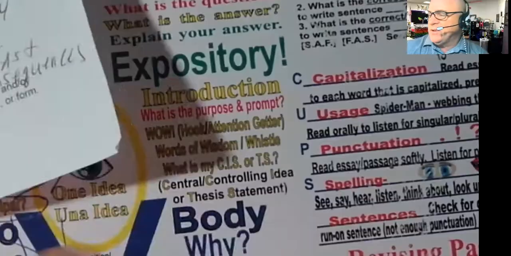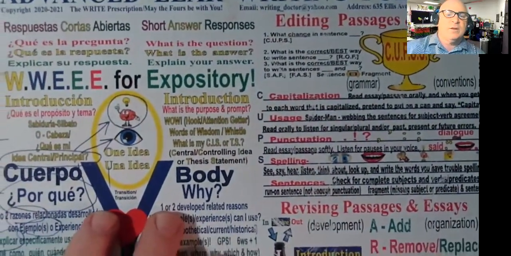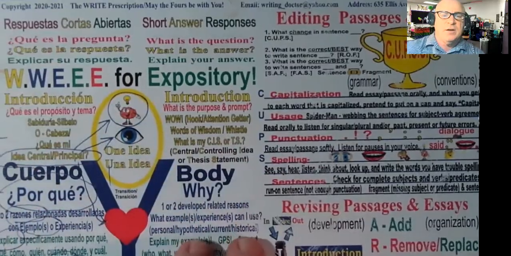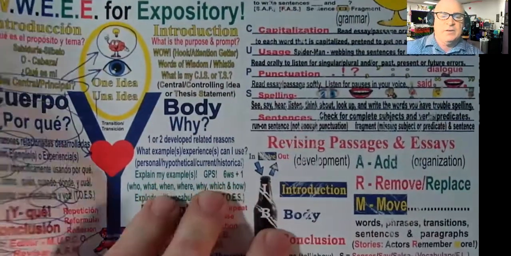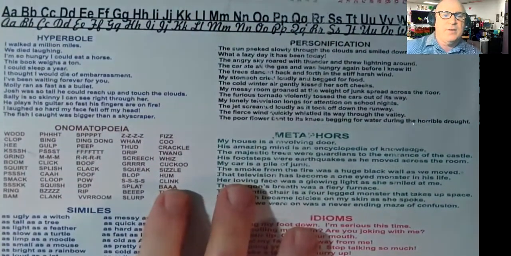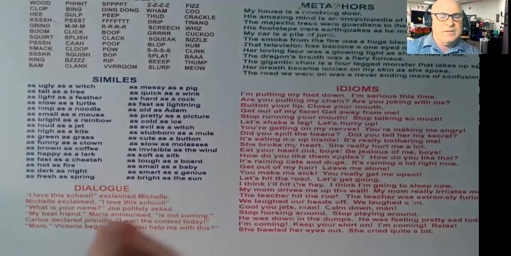Let me show that to you. You'll get 5 sets of these advanced folders if you're teaching 4th grade or higher, where it's got the expository, editing, revising strategies. On the bottom half, it has the alphabet in print and cursive, figurative language examples, examples of dialogue.